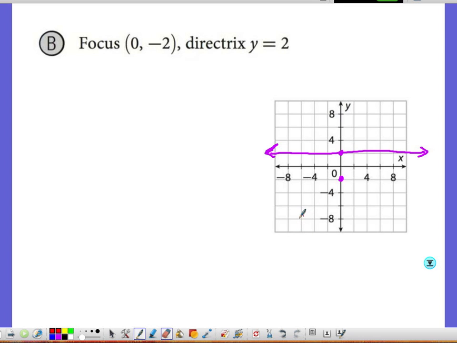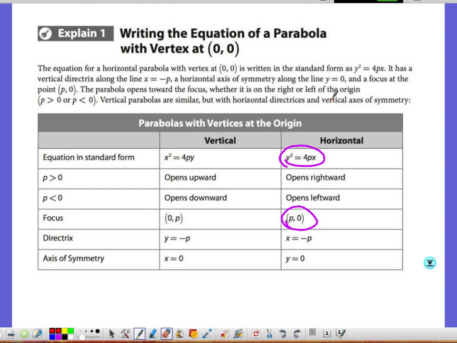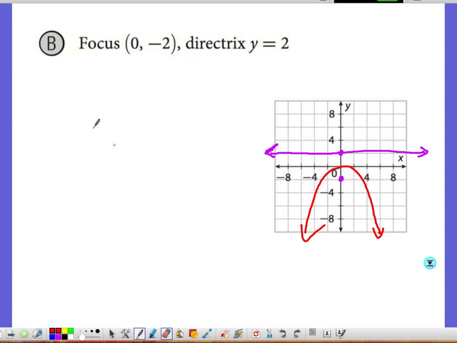The only way I can draw that parabola is not if it opens left, not to the right, not up, but the only way is for it to open down. So this is a vertical parabola, which means that my equation is going to be x squared is equal to 4py.